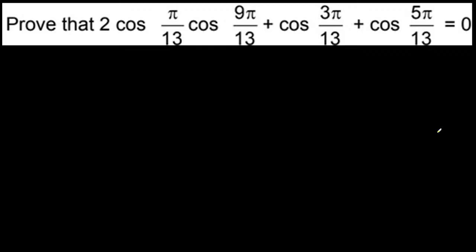In this question we will simply see that this is 2 sin C cos C cos D. So it will come out to be cos C plus D plus cos C minus D.